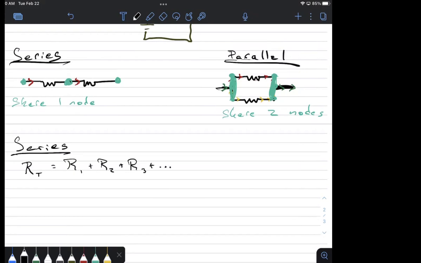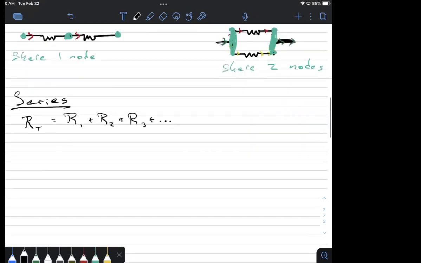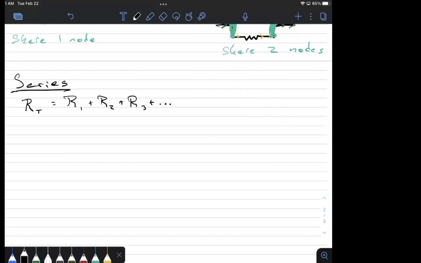However many are connected in series, you just add those resistors up. So as an example, if we have something that looks like this, volts, let's say this is 2, this is 6, and this is 4.